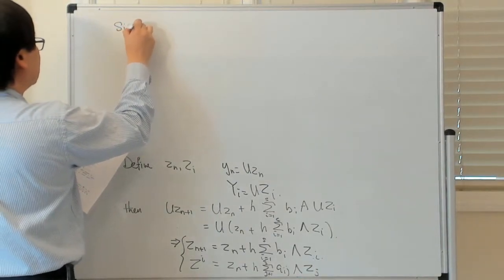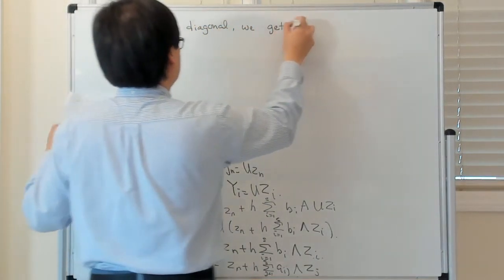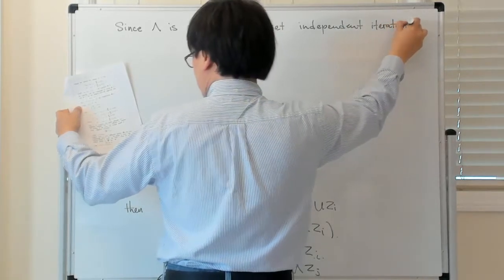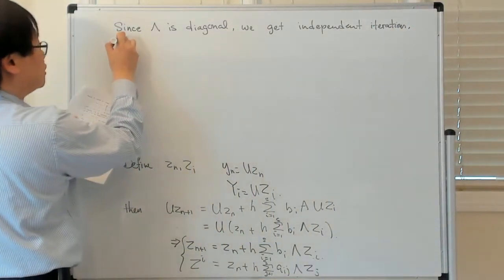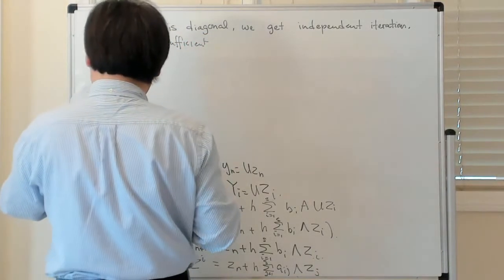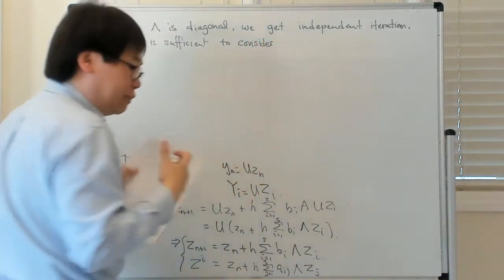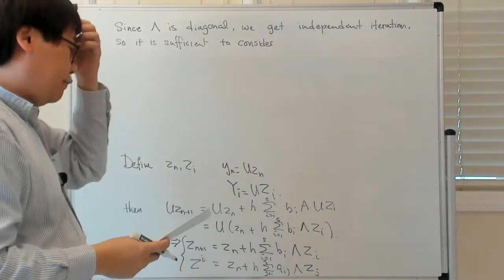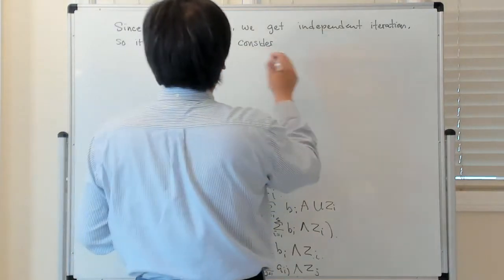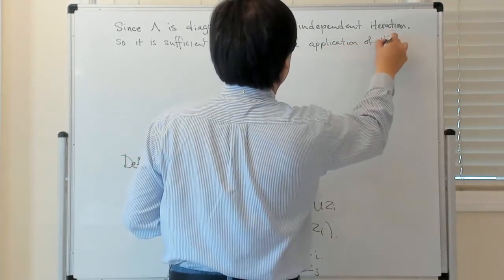So it is sufficient for stability to consider what happens if you apply the Runge-Kutta method, instead of to a system of linear differential equations, to just a scalar linear differential equation.